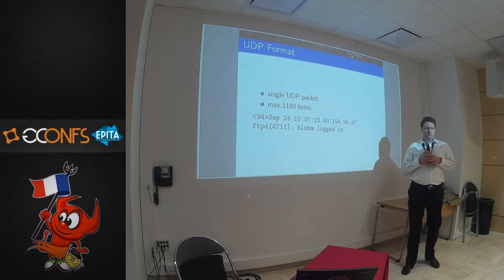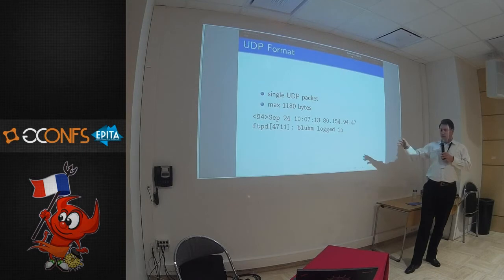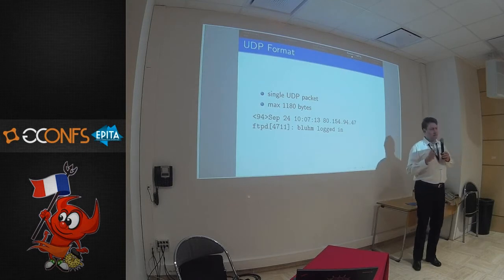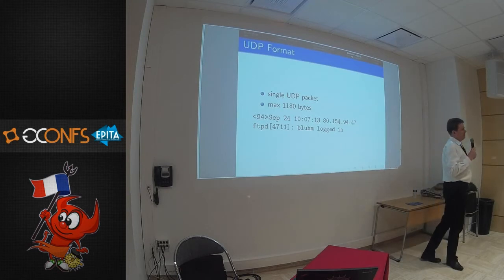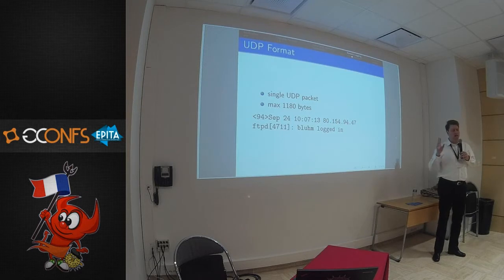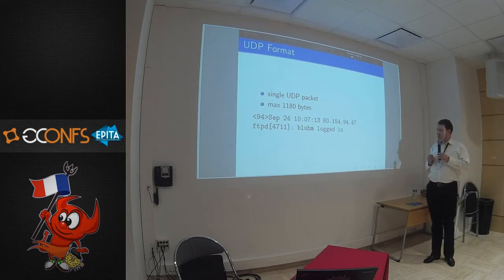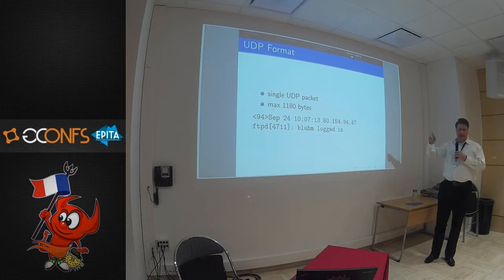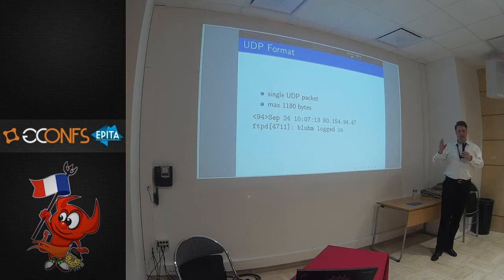And then we have one RFC: if you don't make the payload longer than 1,180, then you can assume that it doesn't get fragmented, and if it doesn't get fragmented, then the chances are higher that it will reach the destination. So what I did is I took this value from one of the RFCs and truncate every message that I send to UDP to this length.